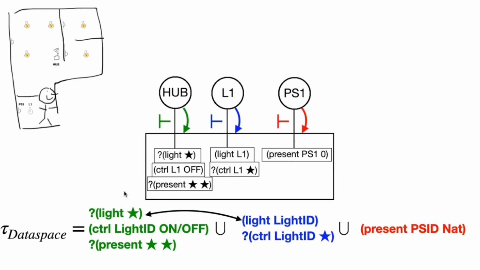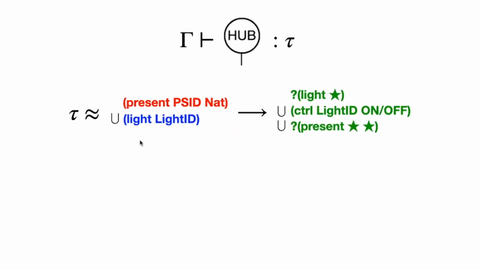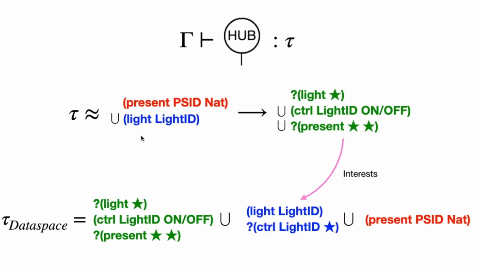Looking back at the types, we notice another match for light assertions, so they are also potential events for the hub actor. The pattern here is the following rule. If an actor may express interest in a type of assertion, then its type of events must include any assertion that may match this interest. This process directly corresponds to the routing procedure performed at runtime in dataspaces.